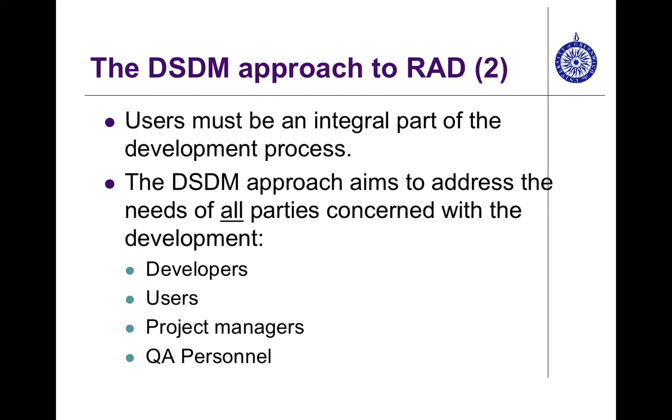According to DSDM Atern, it cares about the needs of everyone concerned with the system, including developer and user, not user only. Users are still important, but the developer requirement is still important also.